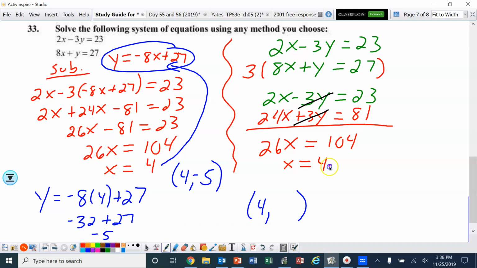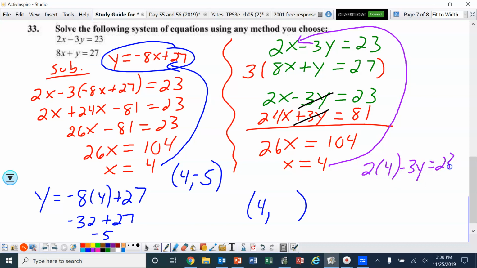I'm going to take that and plug it into this x. So 2 times 4 minus 3y equals 23. 8 minus 3y equals 23. Take away 8 from 23. And I believe we're going to get 15. Divide by negative 3, and we end up with, oh, look, negative 5.